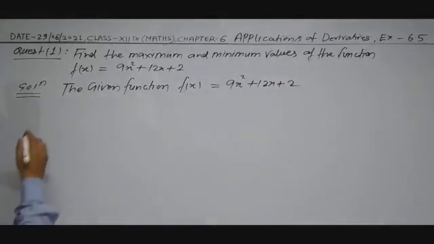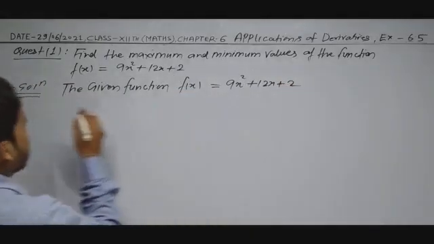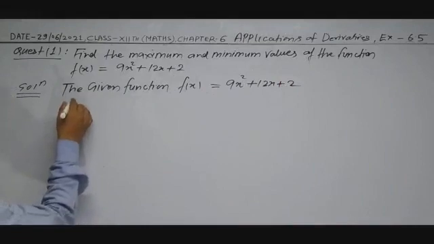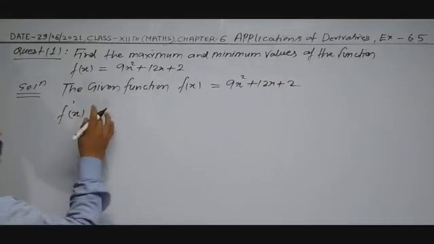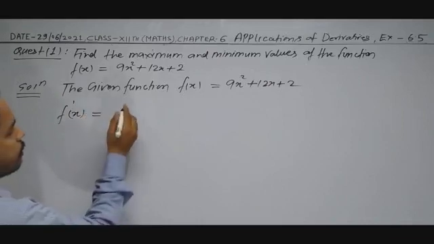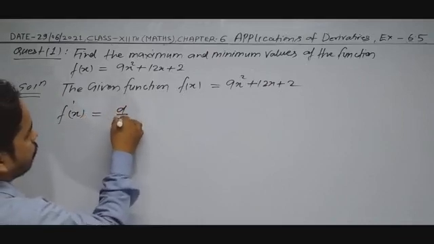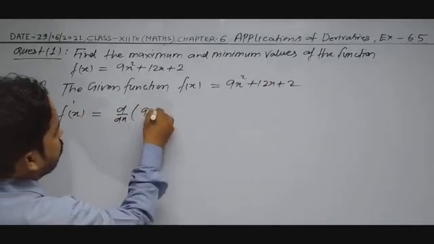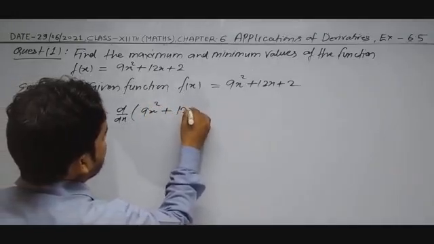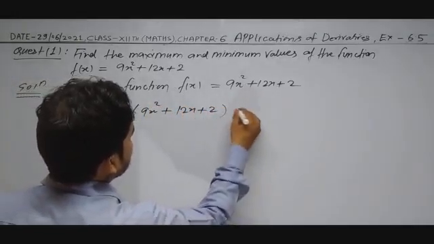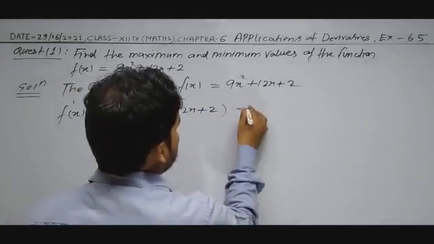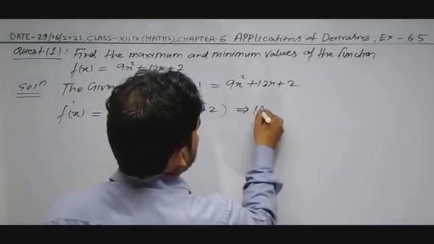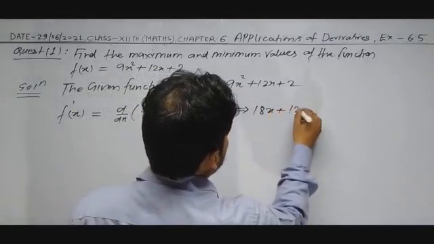Now in the second step you will differentiate the function. So now you will get d/dx of 9x² + 12x + 2, and its result will be 18x + 12.